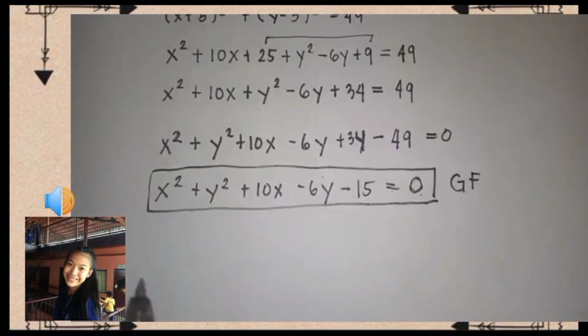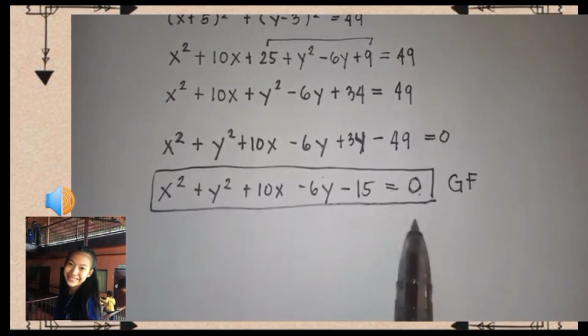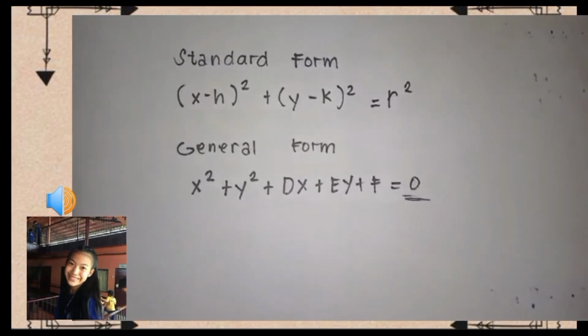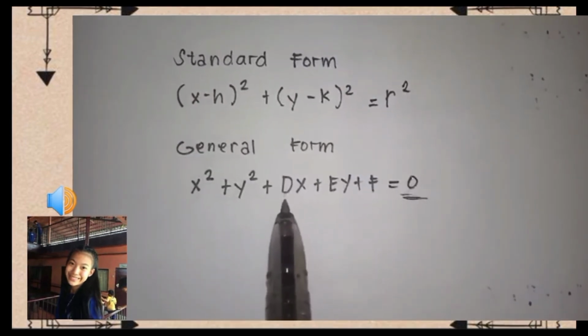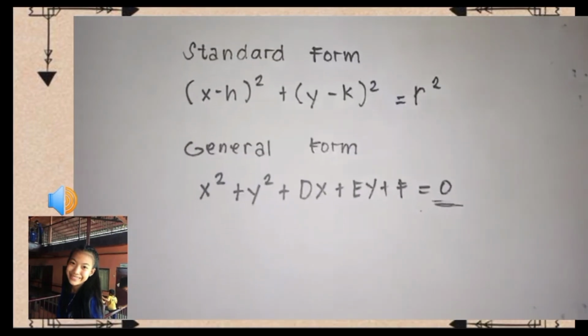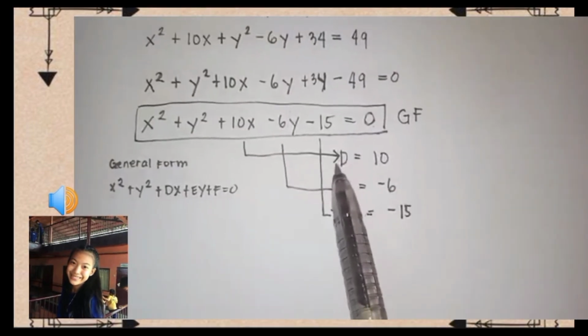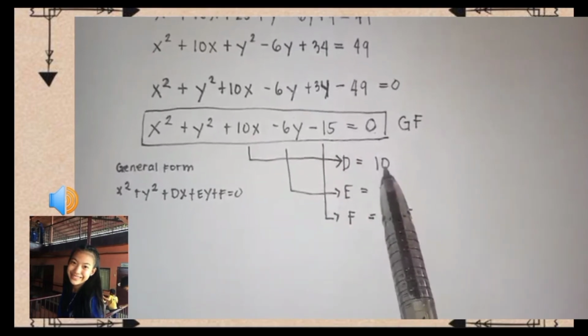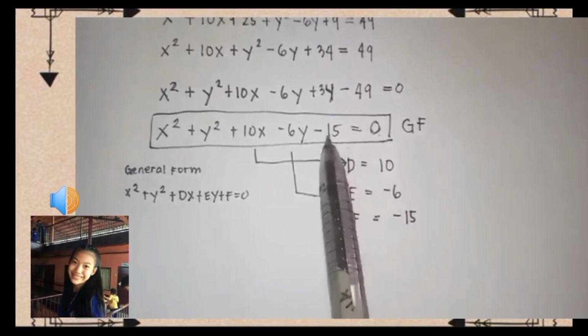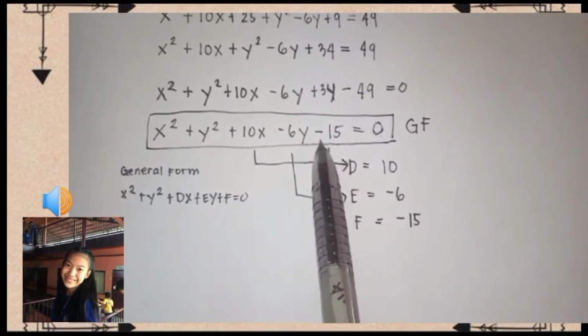And this will be the general form of the circle. But when our teacher asks to find the value of D, E, and F, the value of D is 10, and the value of E is negative 6, and the value of F is negative 15.